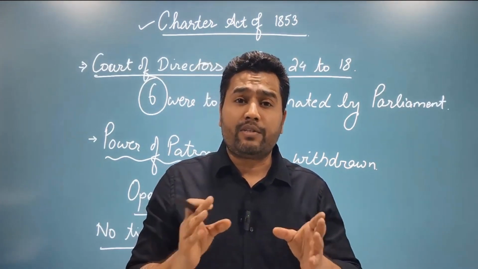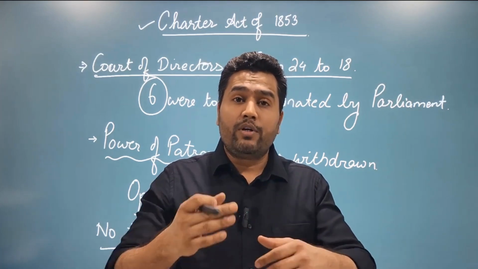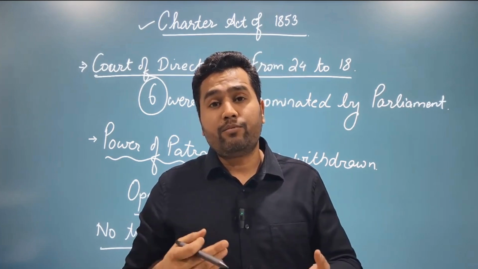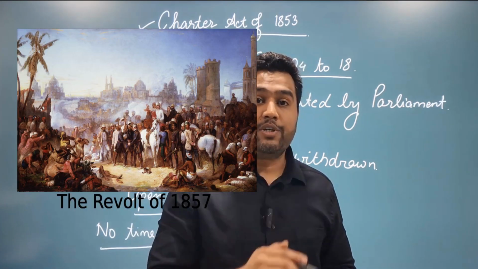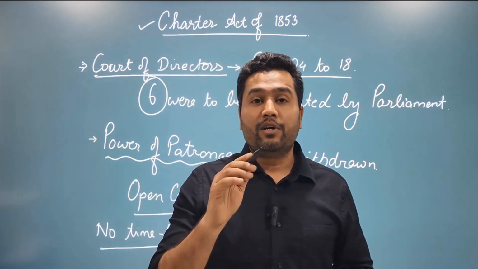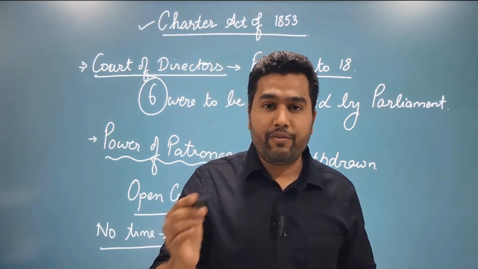In fact, it was a matter of time when the British Parliament or the British Crown would directly claim sovereignty over Indian territorial possessions. And this opportunity was provided by the rebellion of 1857, the revolt of 1857.